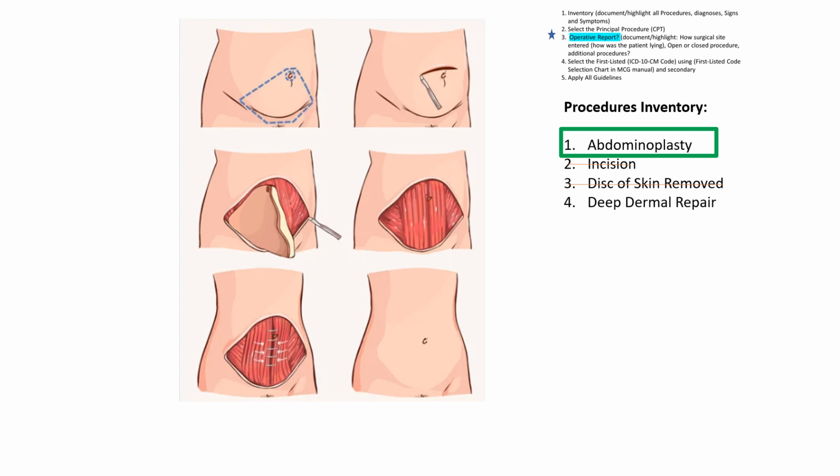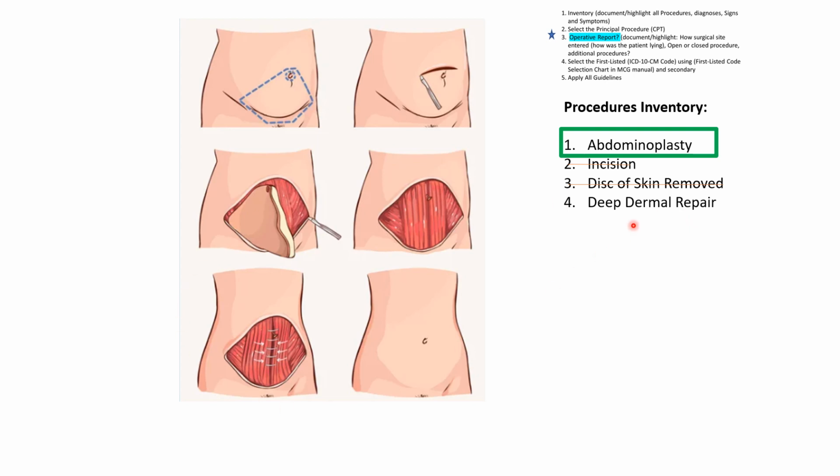Oh, I think I said that wrong. And fourth, deep dermal repair. In this fourth image, I don't know if you can tell, but actually the abdomen was sutured together. So this is the abdomen. These abdominal muscles are even more, how can I say, more extensive than deep dermal.